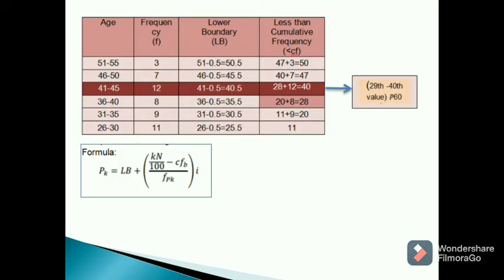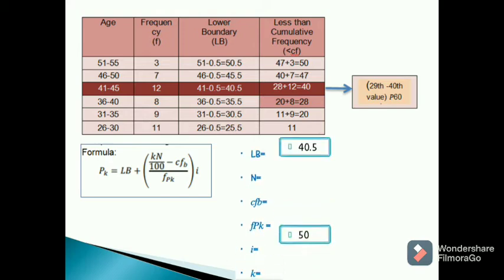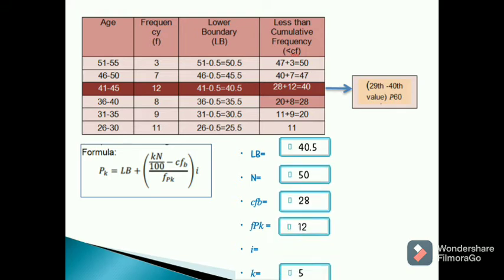So since we have already highlighted the class of P60, the CFB is 28. These are the data we are going to substitute for our formula.